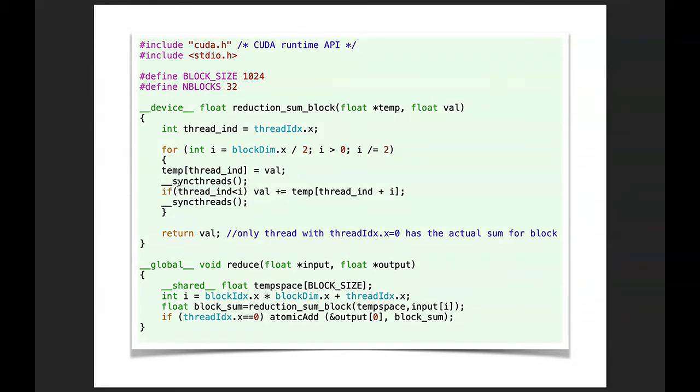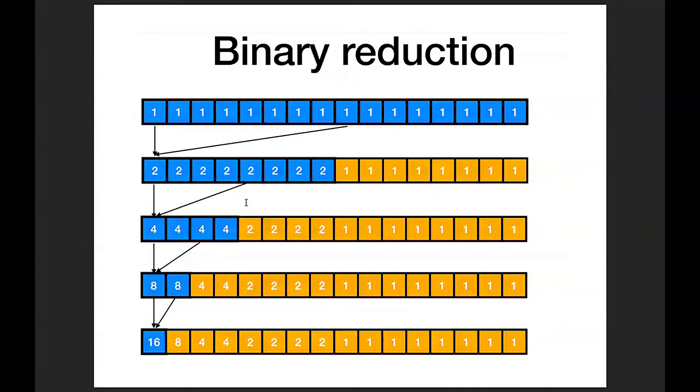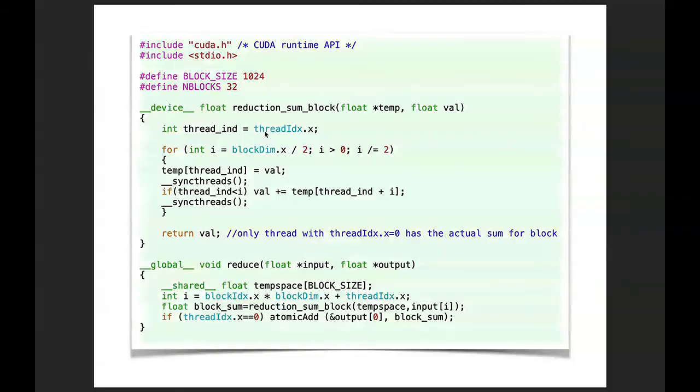Then there's a synchronization step, and then each thread takes its value and a value shifted by i, and it does the summation for that particular step, and then there's a synchronization step again. So again, this picture is reproduced here.